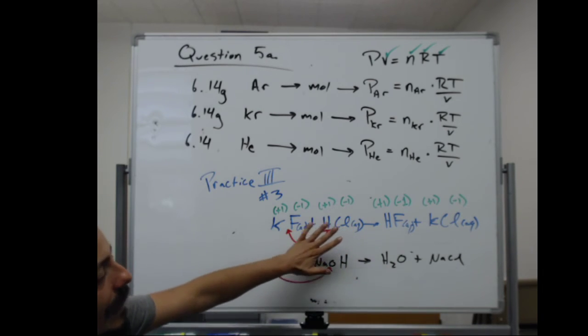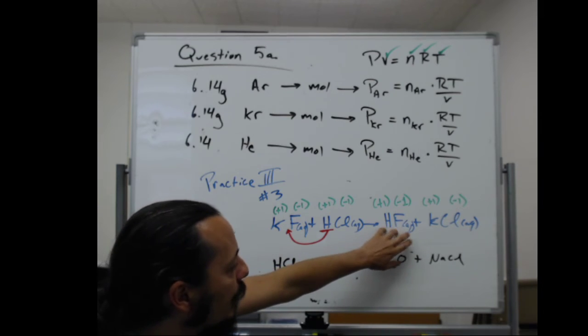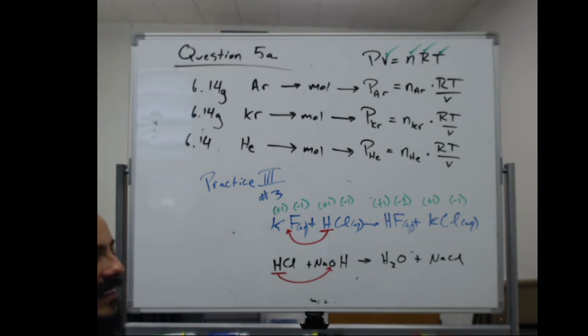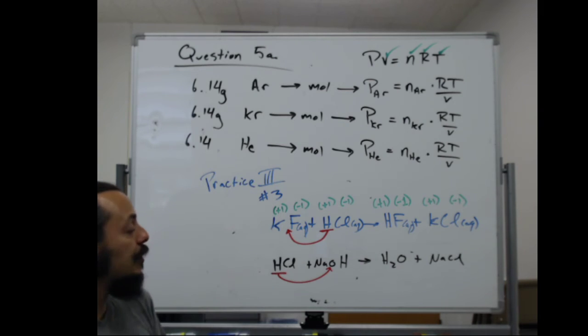The reason this one's really hard to see as an acid-base reaction, and I think it's beyond what we'd ask on quiz 9, is because usually we look for water as a product, but that's not always necessary. Water as a product is really just what we see in our strong acid, strong base reactions.